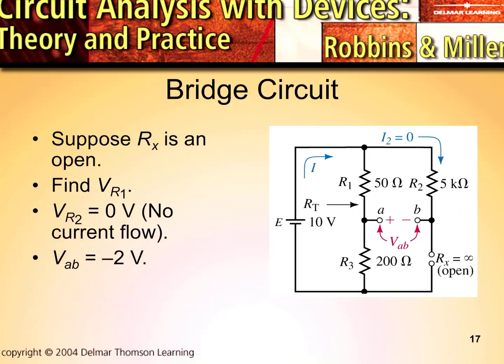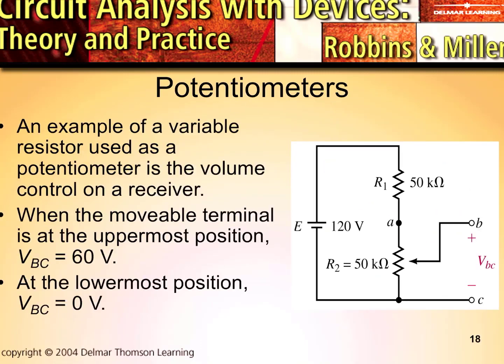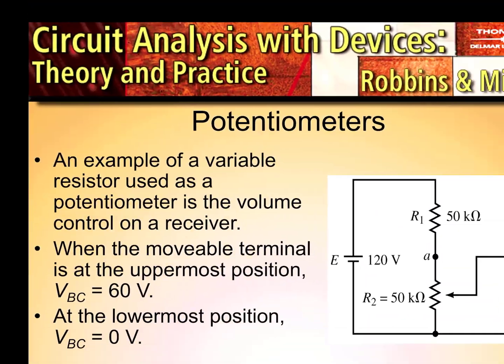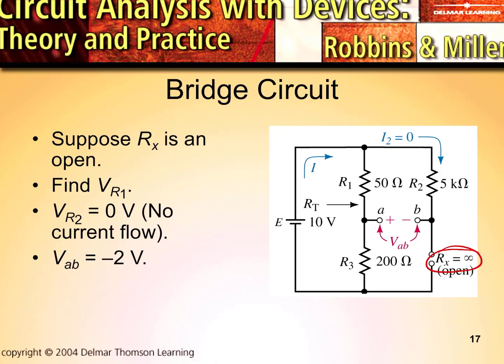So now we look at the opposite. What if this is infinite ohms of resistance? Well, if we have infinite ohms of resistance here, that's an open circuit, right? So based on the fact that we have an open circuit, that means that all of the source voltage will appear here now. So now this will be 10 volts, and this will be 0 volts, the opposite of what we had before. So that being the case, then we know that VB now is equal to 10 volts.